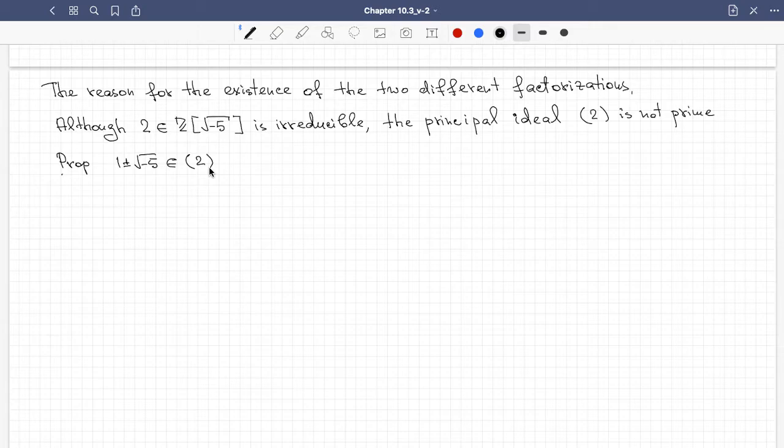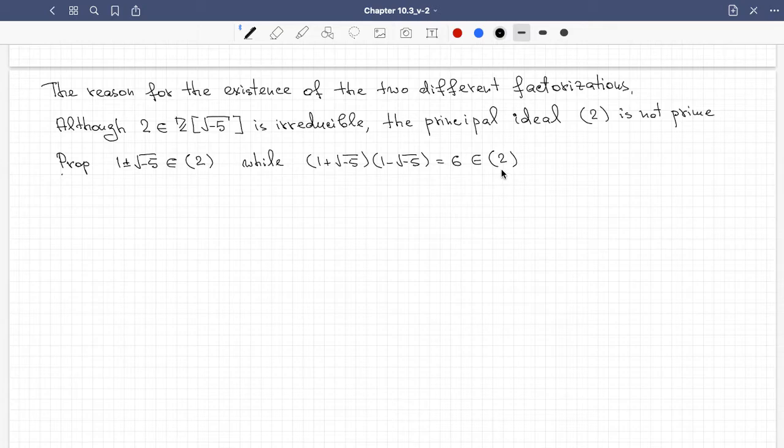At the same time, their product, 1 plus root of negative 5 times 1 minus root of negative 5, is 6, which is an element of the ideal. It is clear that the product is 6.